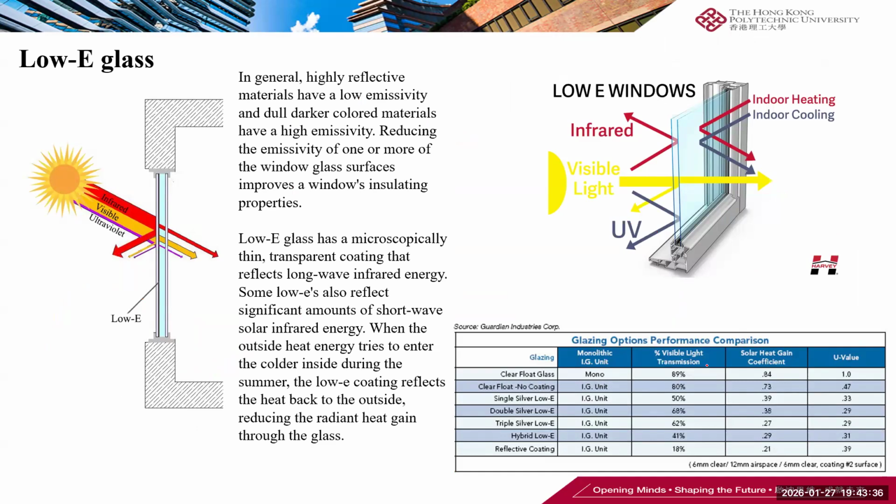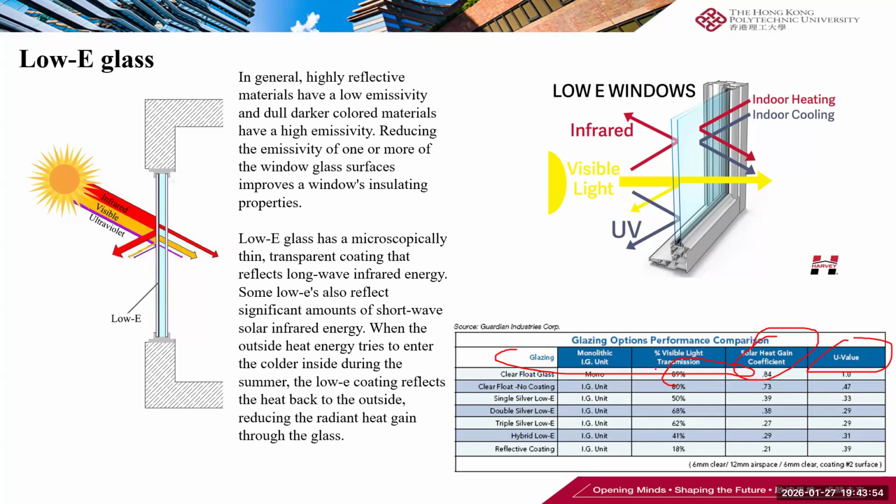So these are the low E glass, which mainly reflects the sunlight. For different low E glass, we can get the transmittance, the solar heat gain coefficient, and the U value.